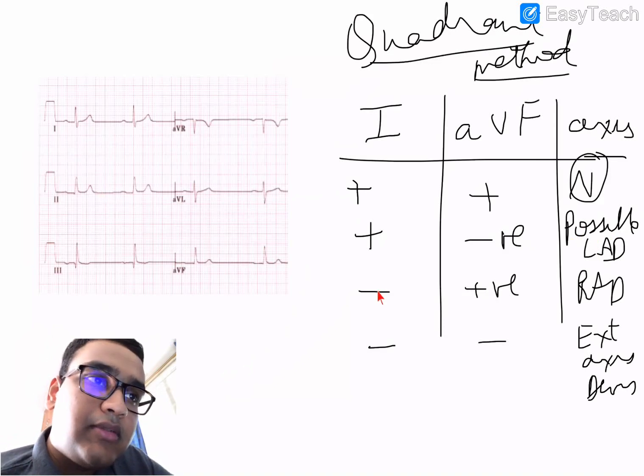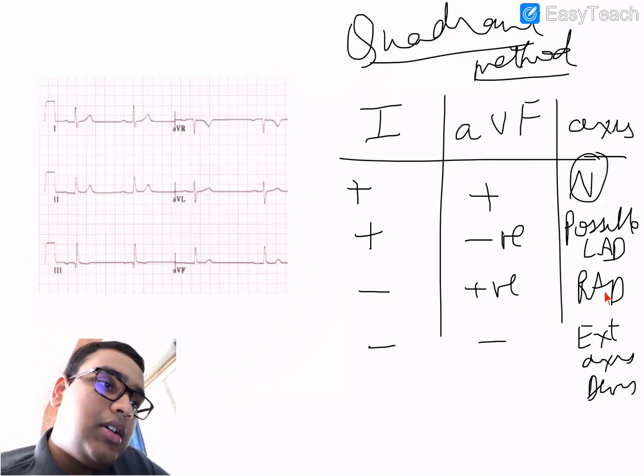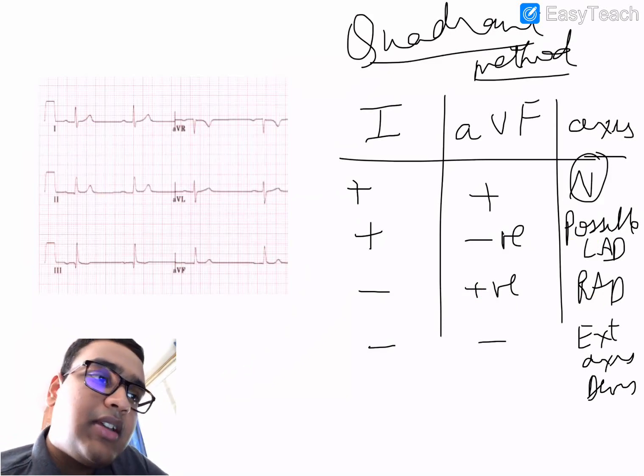Lead 1 being negative and AVF being positive indicates right axis deviation. In extreme axis deviation, both lead 1 and AVF are negative.